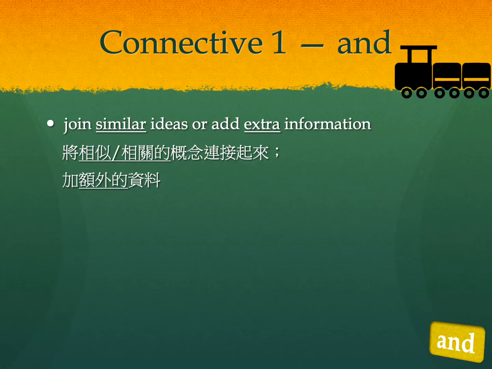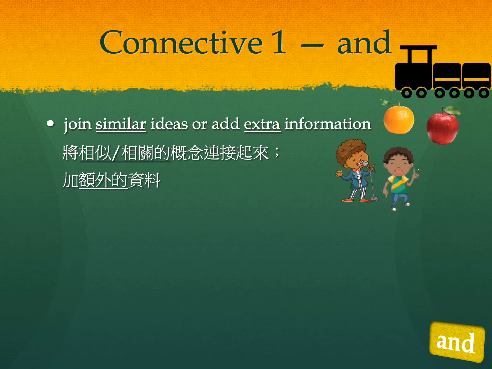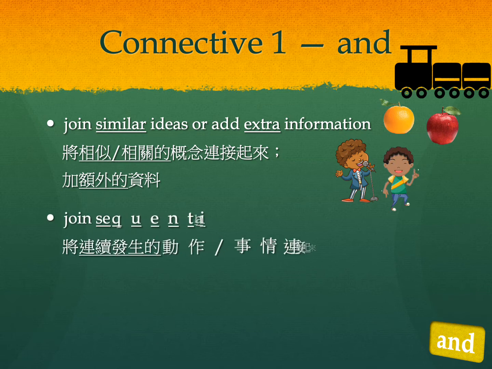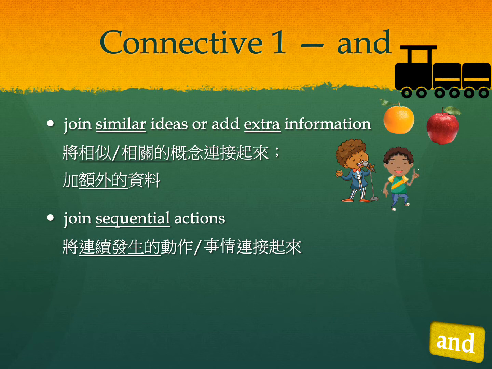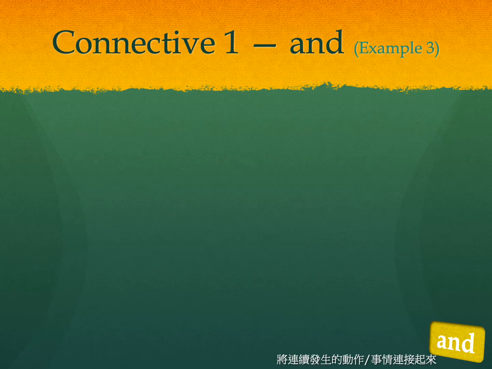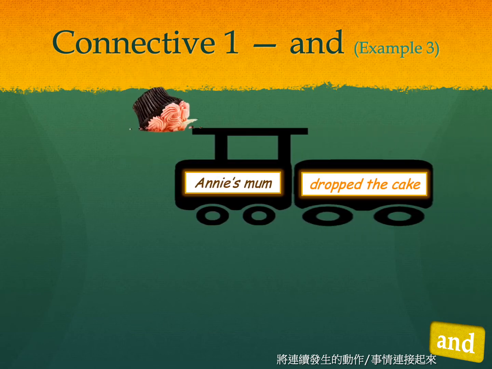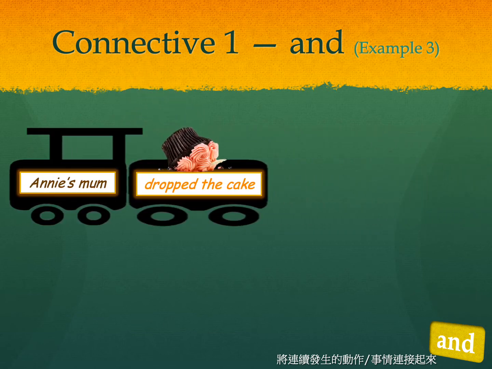Now we know that we can use and to join similar ideas or add extra information, like an orange, an apple, singing and dancing. We can also use and to join sequential actions. So one action happened before another. Annie's mom dropped the cake.